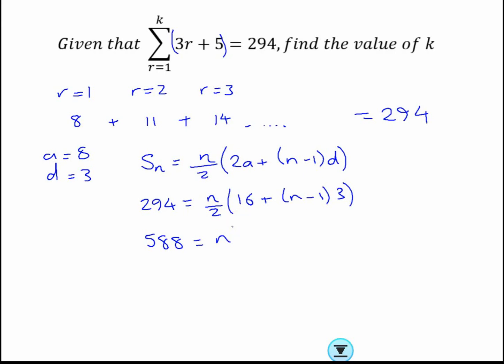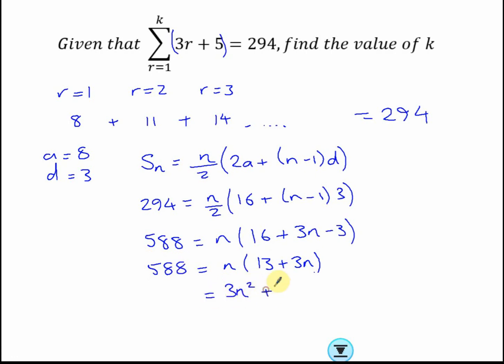Now, I'm just going to really do this slowly. So this bracket here is going to be expanded, 3 lots of this. So we're going to have plus 3n minus 3. Let's tidy this up. So we've got 13 plus 3n. And that will give me 3n squared plus 13n minus 588.